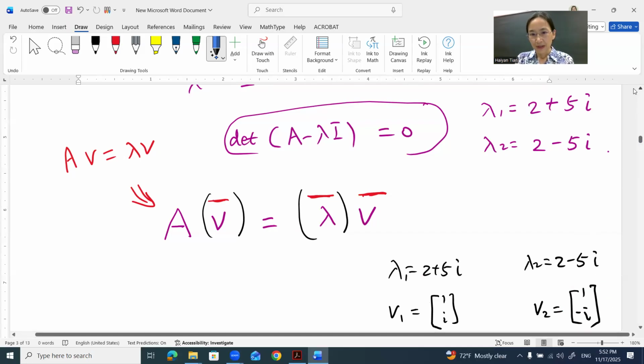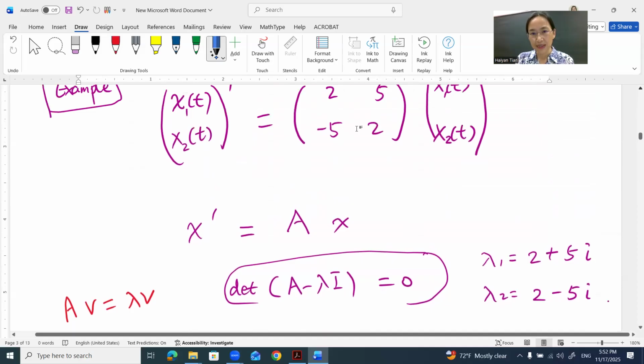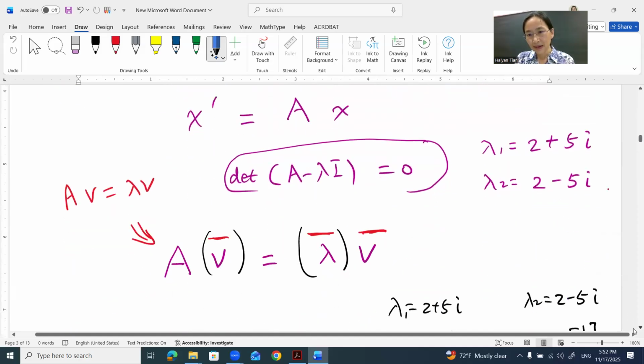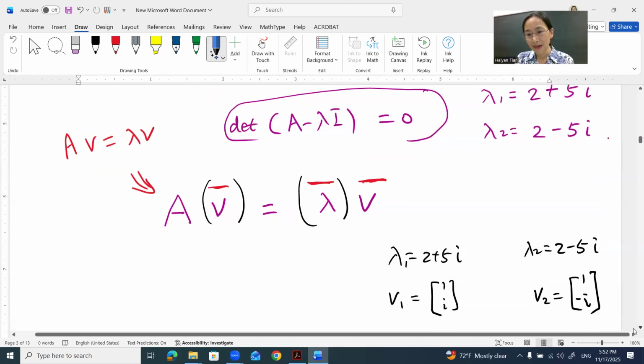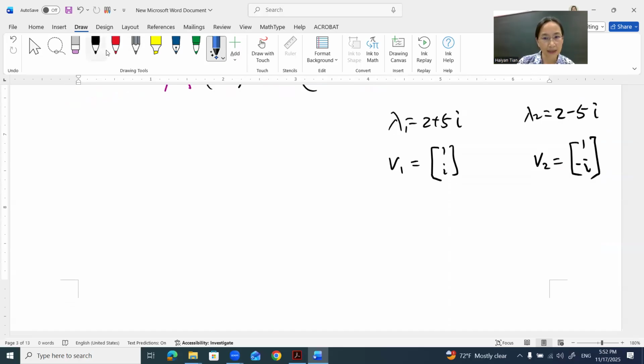So here is a very simple problem showing that for this real valued matrix A, we find complex eigenvalues and the corresponding complex eigenvectors. How do we represent a general solution? We can simply apply the formula, e to the lambda 1 t times V1. Although it's complex valued, we can still do that, and that's a complex valued solution.